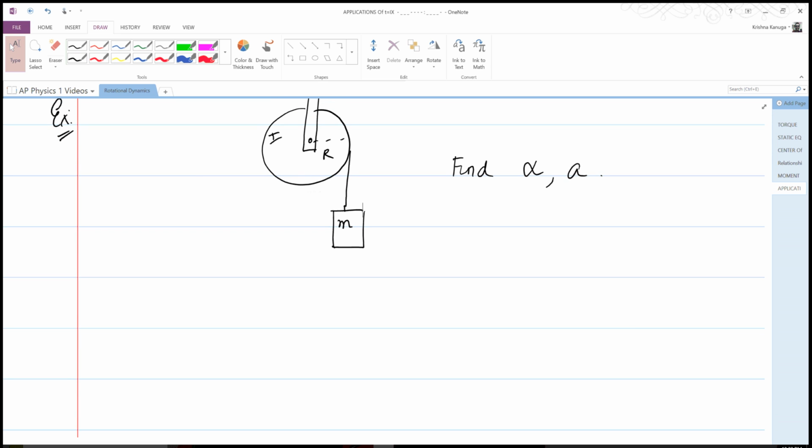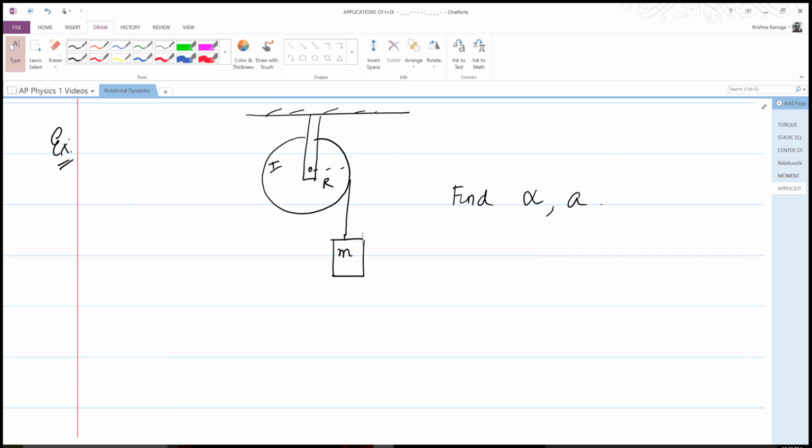Okay, so let's do this. The first thing we'll do in these cases is draw free body diagrams for the objects. For the hanging mass, the free body diagram is very simple. It is going to be the weight of the object, mg, pulling it down, and then you have the tension pulling it up.